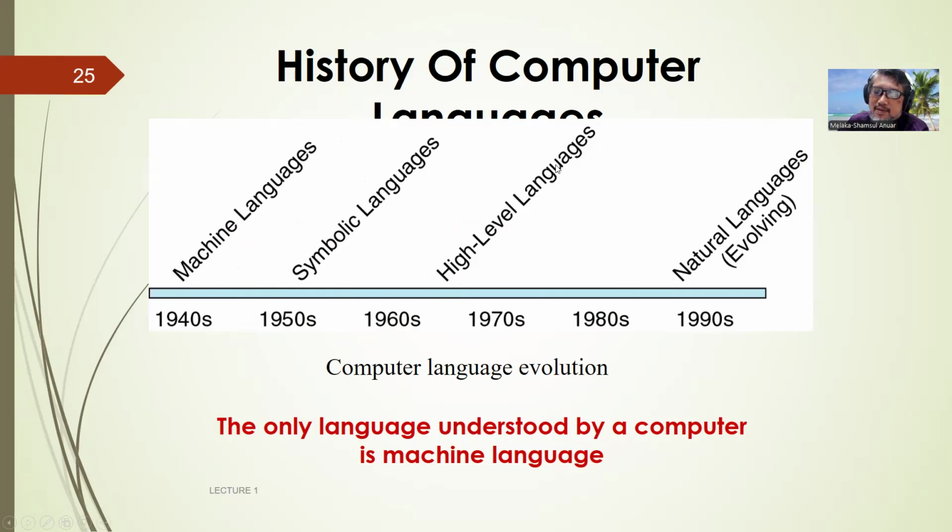Then in the 60s, we started to use high level languages like COBOL, I guess. COBOL was one of the earlier languages. Pascal. And then up until the 90s, we started to have natural languages evolving.